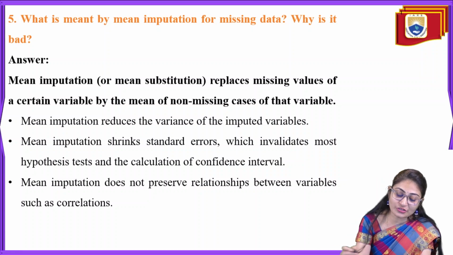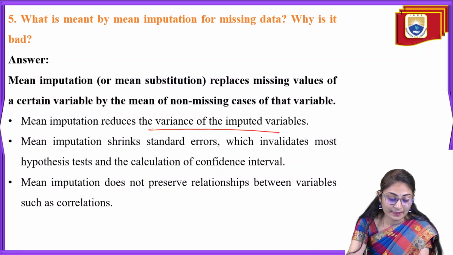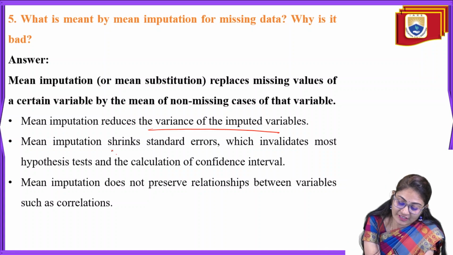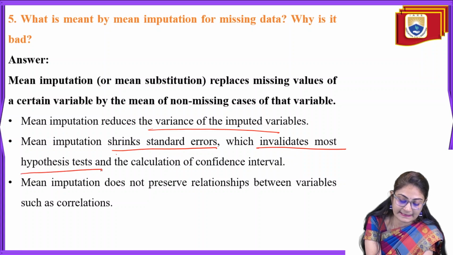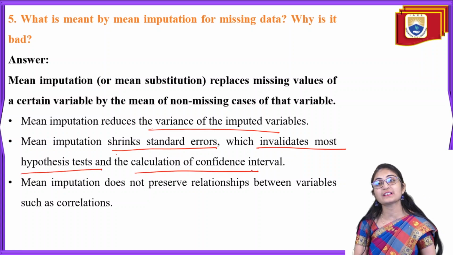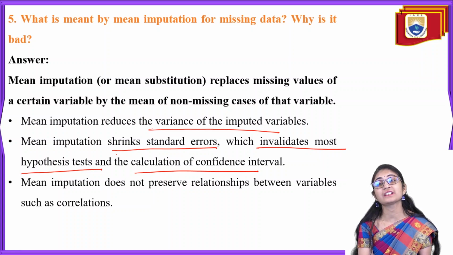Mean imputation generally reduces the variance of the imputed variables. It shrinks the standard errors, which invalidates most hypothesis tests and the calculation of the confidence interval. Then mean imputation does not preserve relationships between the variables, like the correlations.